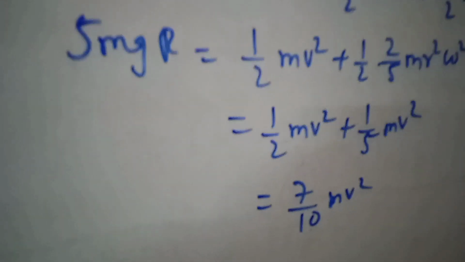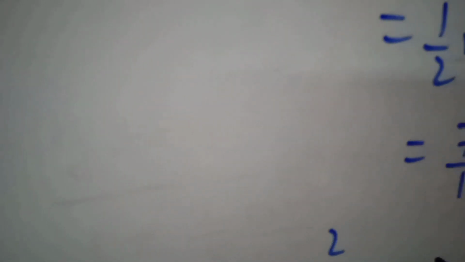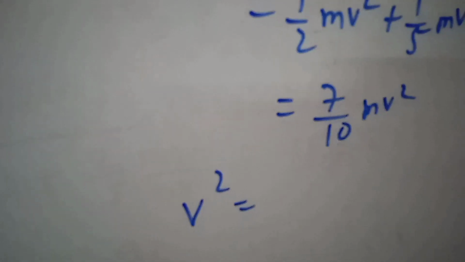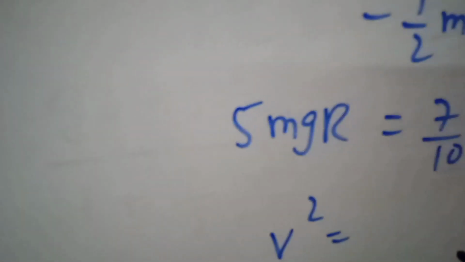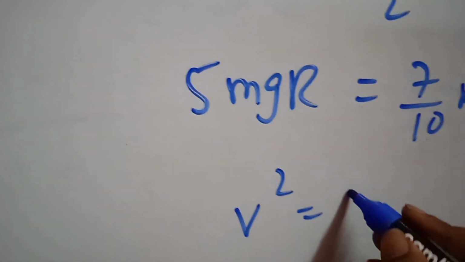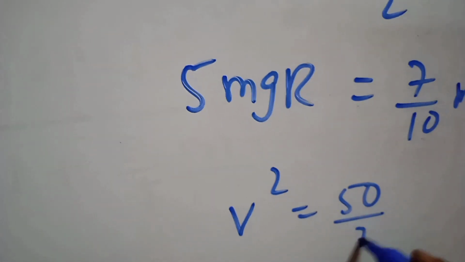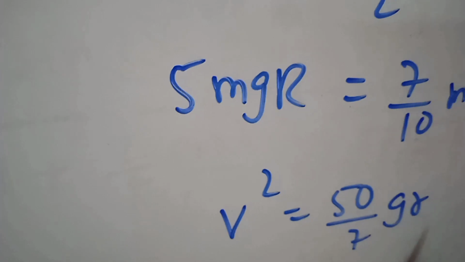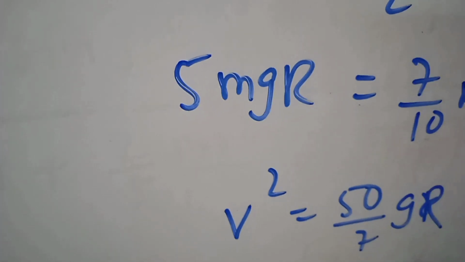So it will be 7/10 mv square. So here we can see, since 5 mgr is there, v square equals, how much is it coming? 50/7 g into r.